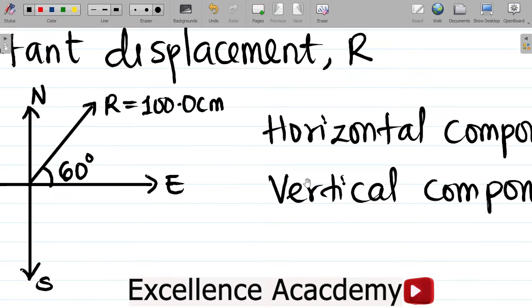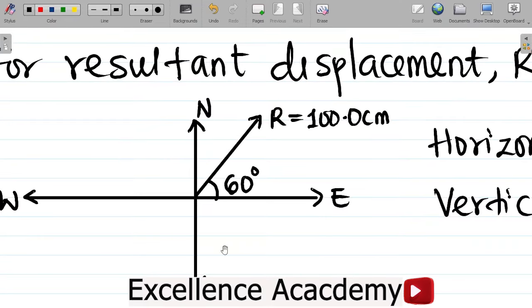Let's analyze this diagram. For horizontal, if I push this R to the horizontal, you observe that this falls under the positive side of x. So it becomes plus.